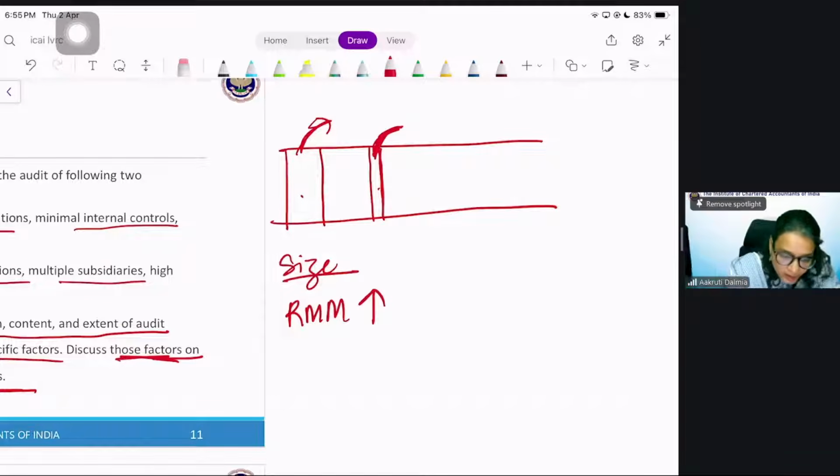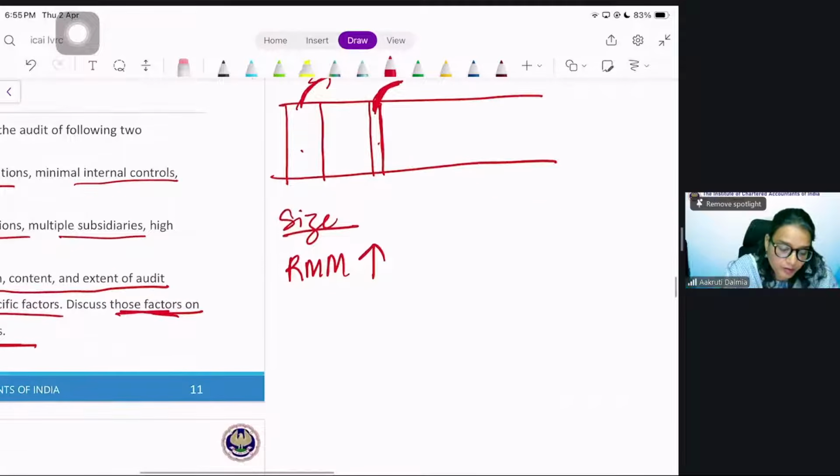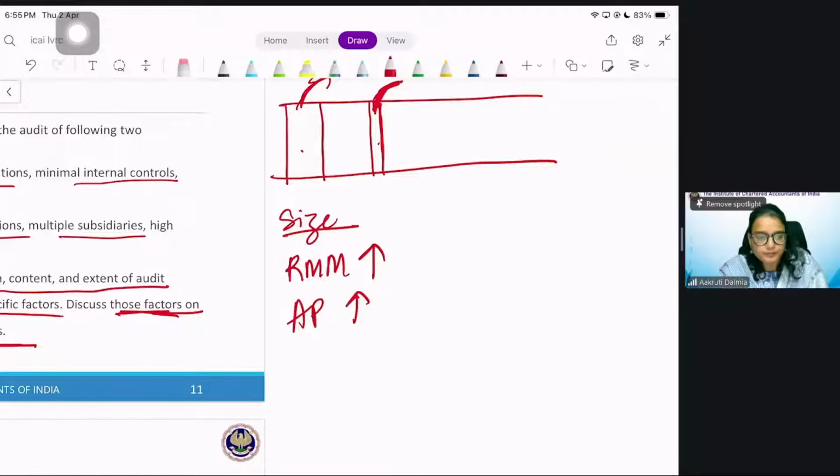Thicker. If I have performed a very large quantity of audit procedures, would the file be thicker or thinner? Thicker, so documentation will be more.